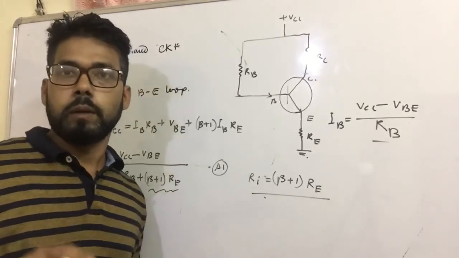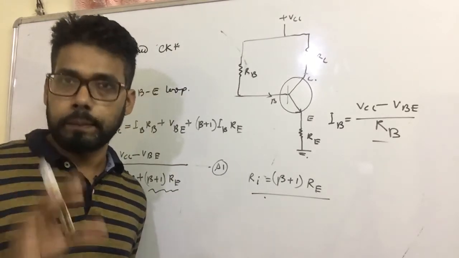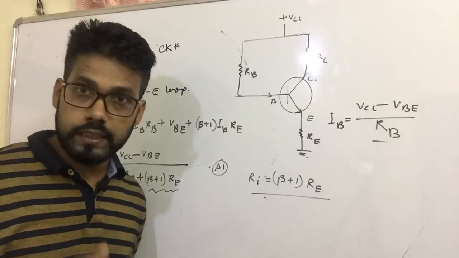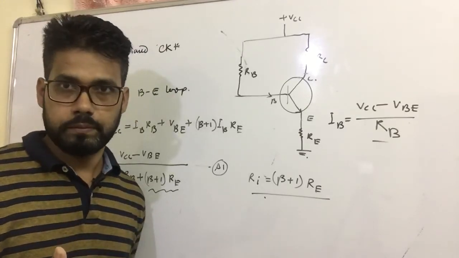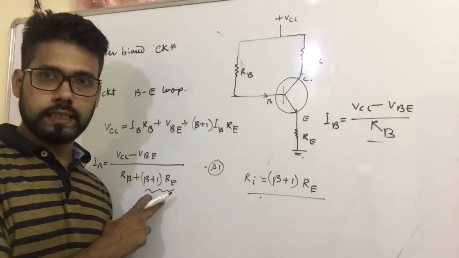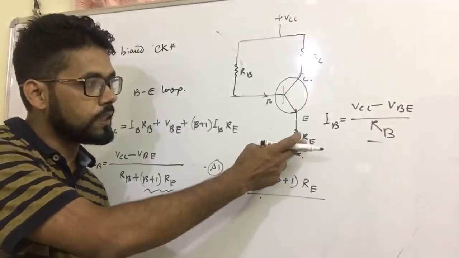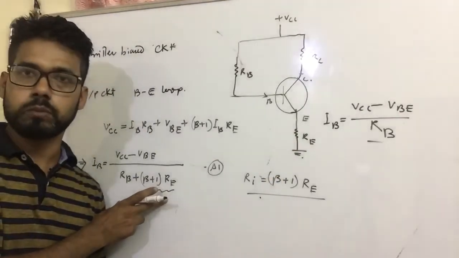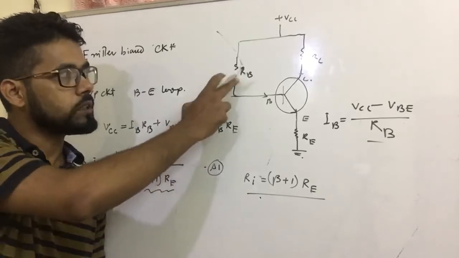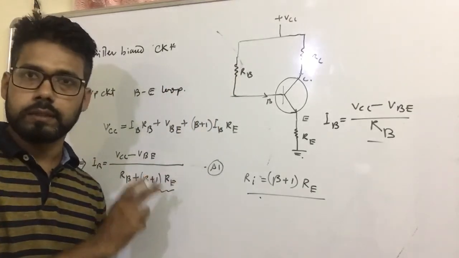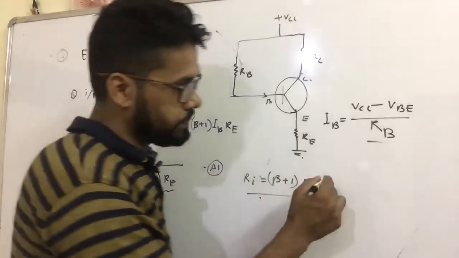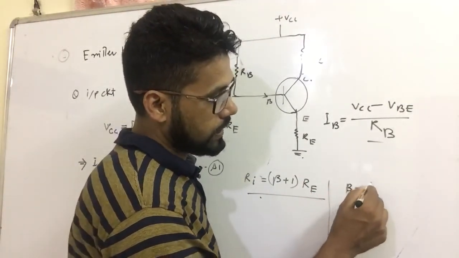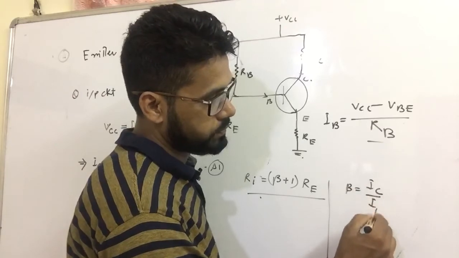I have told you that for a good amplifier, the input resistance should be high, and high input resistance means more stability. So due to the introduction of the external resistance in this emitter bias circuit, it appears in the input circuit and is summed with the input resistance RB. Because of this, the IB current is reduced, and since beta equals IC by IB, is it okay?